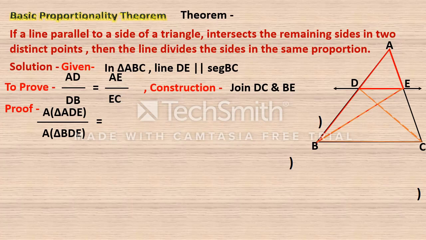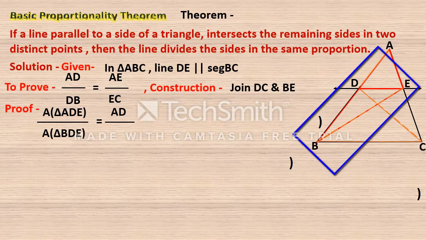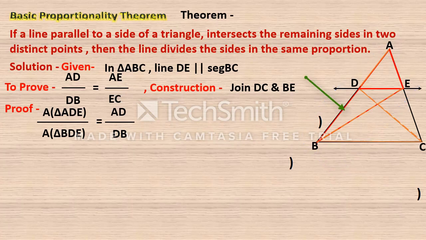This is equal to, the areas of triangles are proportional to their bases, means the base of triangle ADE, that is AD, divided by the base of triangle BDE, that is DB.